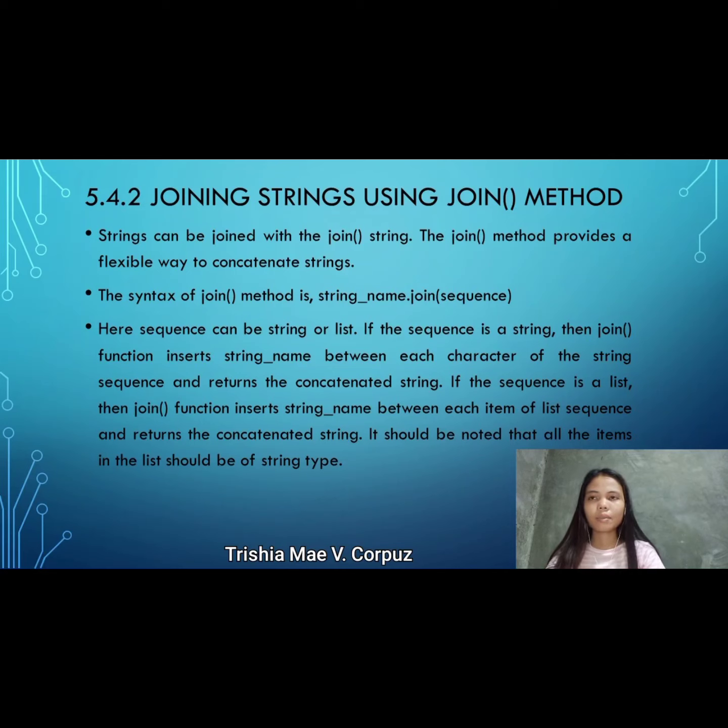Pag yung sequence naman ay list, then yung join function, mag-i-insert siya ng string underscore name sa pagitan ng bawat item sa list sequence at i-return niya yung concatenated string. Note lang na lahat ng items sa list ay dapat string type.